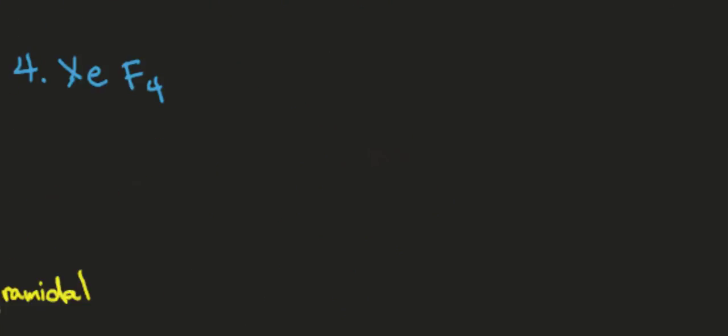Okay, let's look at XeF4. Xenon is a noble gas, and you would expect a noble gas not to react, but it can react with certain atoms, fluorine being one of them.